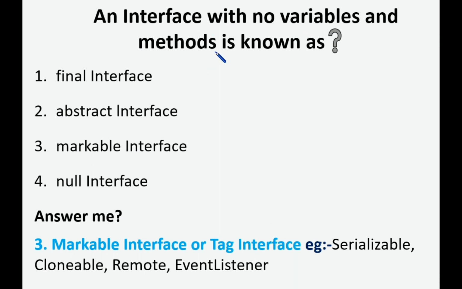Now, what is the use of that? It informs the Java virtual machine about its special behavior. A few examples of these markable or tag interfaces are serializable, cloneable, remote, event listener.